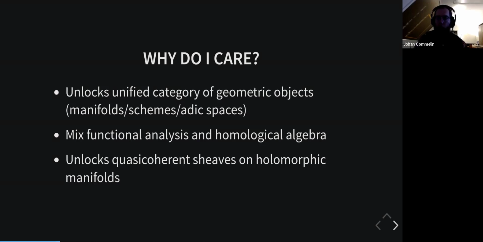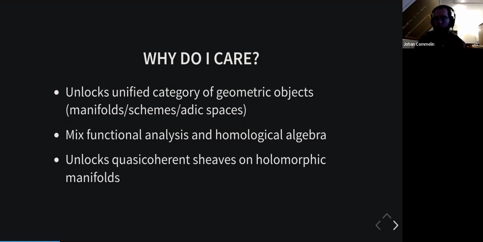But this was not available in the context of complex analytic geometry. There's a notion of coherent sheaf, but quasi-coherent sheaf didn't exist because you need to deal with infinite dimensional objects in a controlled way. And that just wasn't available.